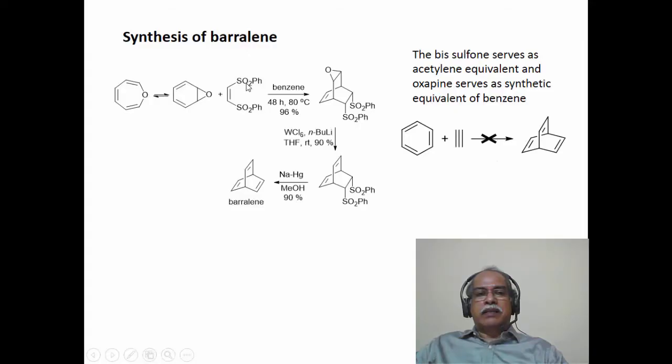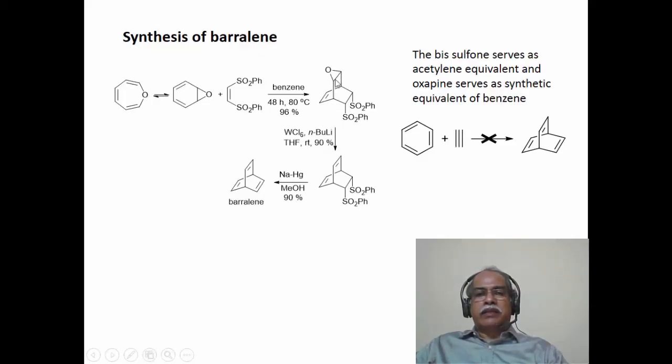Now, this is a disulfone substituted derivative, a sulfonyl substituted derivative, and that is acting as an equivalent of acetylene in this particular synthesis, as we will see soon. All you need to do is get rid of the functional group and introduce a double bond in this position, and also introduce a double bond at this position.